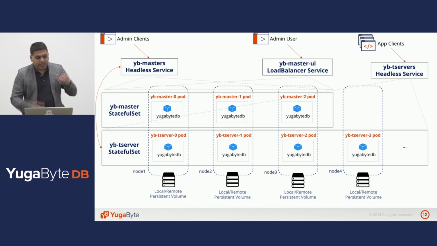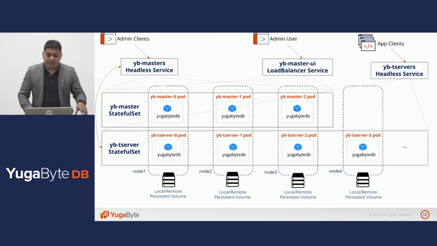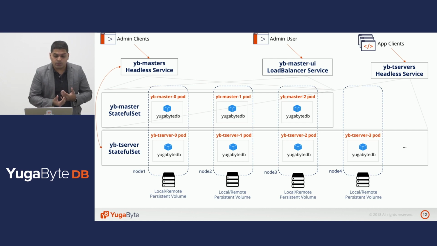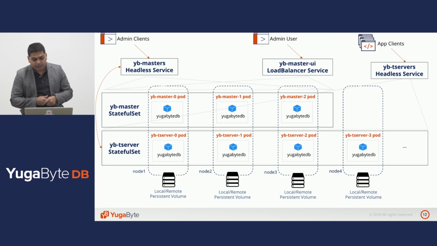Here is how the various clients are talking to these various services. The application clients, like application code, will use the Cassandra, Redis, and PostgreSQL compatible endpoints, and the YBT server's headless service to talk to the data nodes of the YugabyteDB cluster.